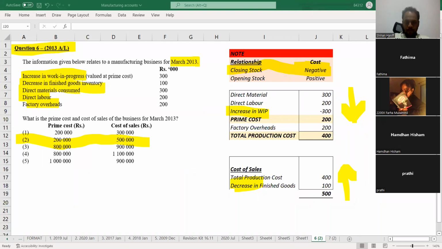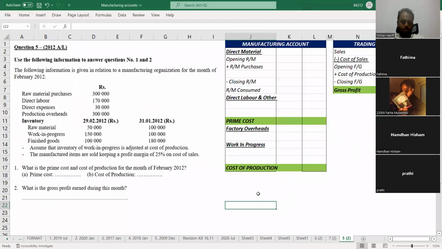I'm taking another past paper question. Right, 2012.